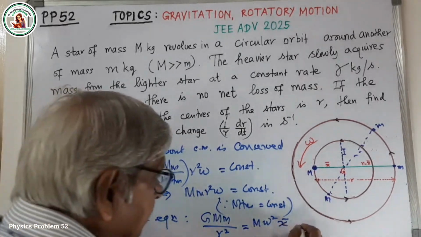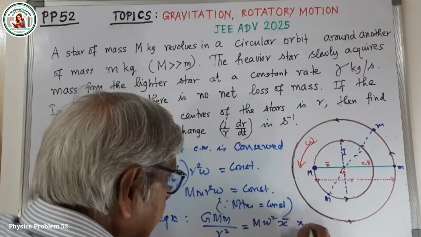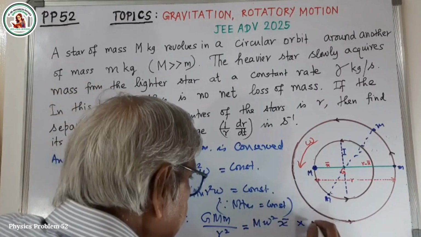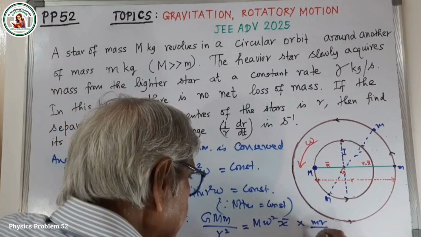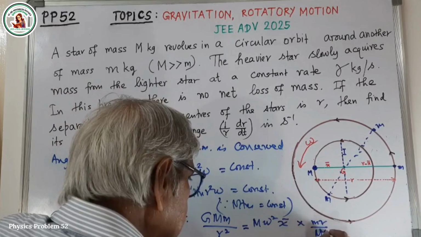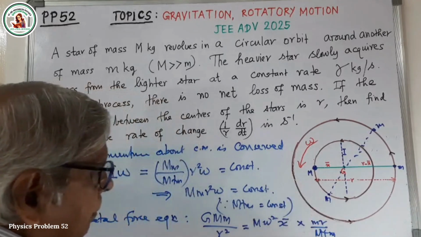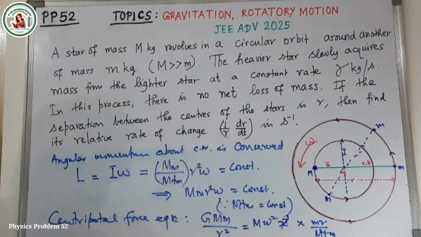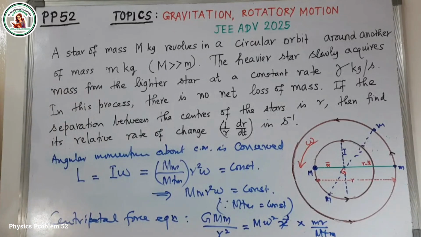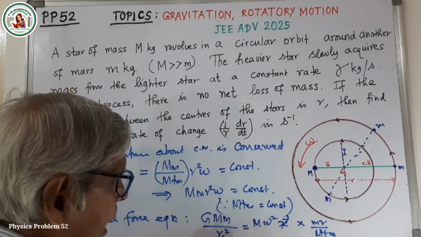Where for x bar I can put the earlier derived result, m r by M plus m. So this gives us omega square r cube.